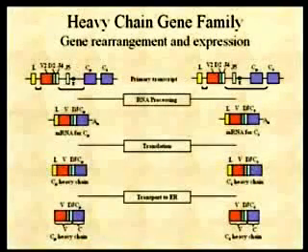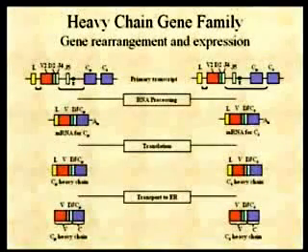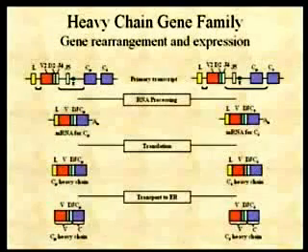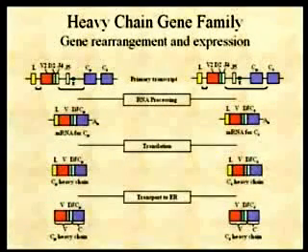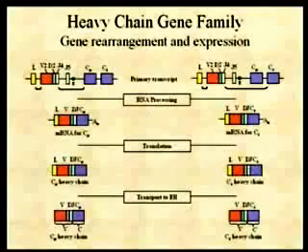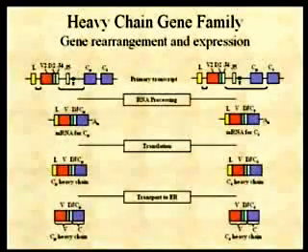There's some preference to process the message to make this kind of change. So early on, you do see mu, but eventually it also starts processing this way and makes delta. So you do get both of them made eventually. And that's why B cells, mature B cells, have on their surface both of those classes of immunoglobulins, M and D. Okay? Any other questions?